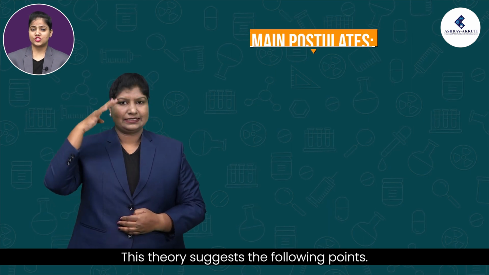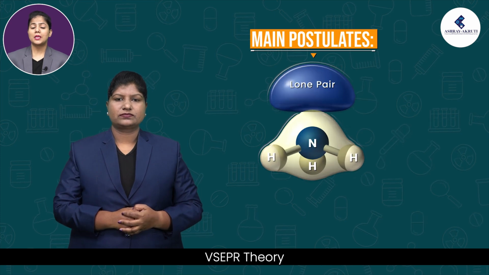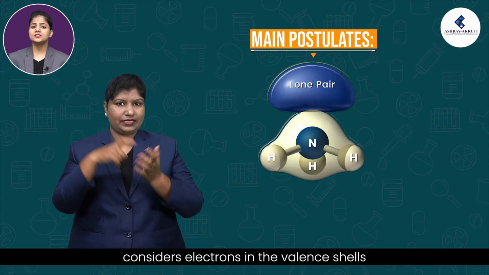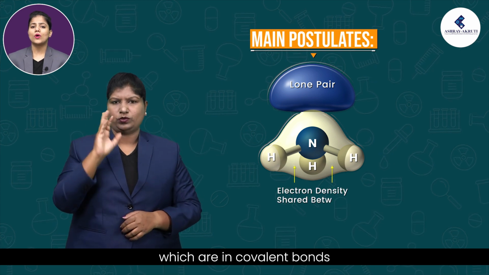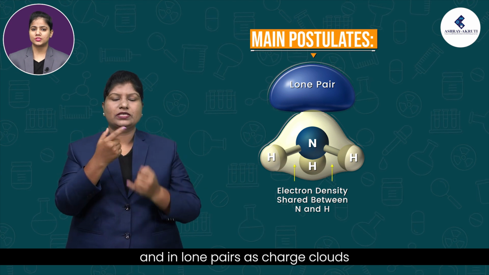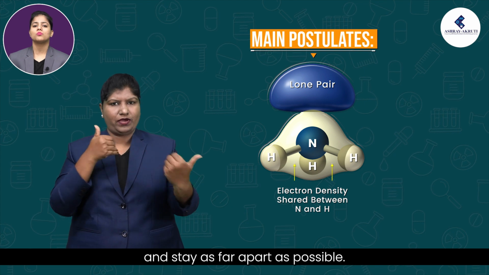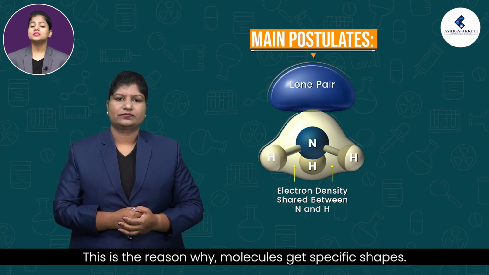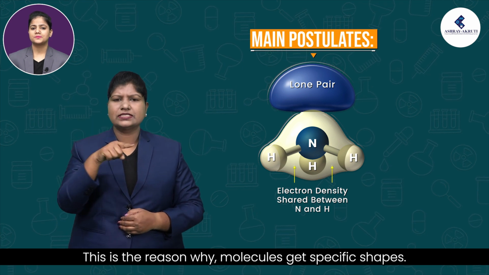This theory suggests the following points. VSEPR theory considers electrons in the valence shells, which are in covalent bonds and in lone pairs, as charged clouds that repel one another and stay as far apart as possible. This is the reason why molecules get specific shapes.